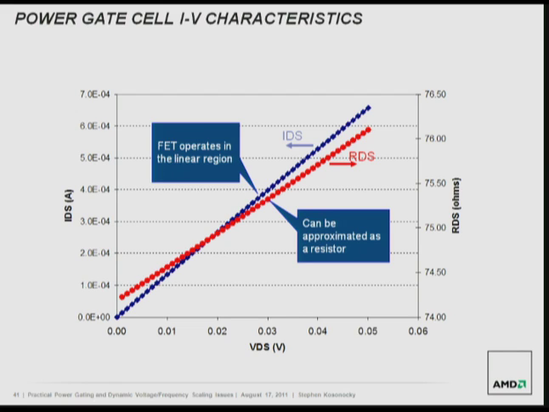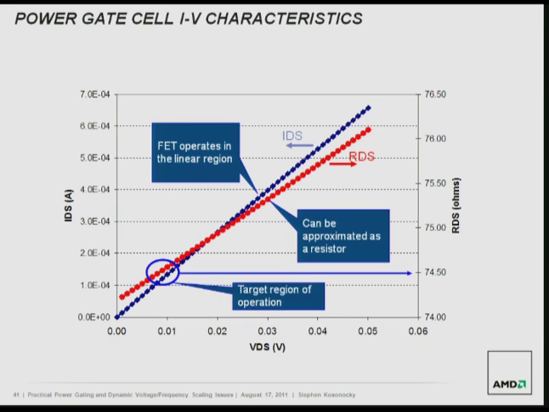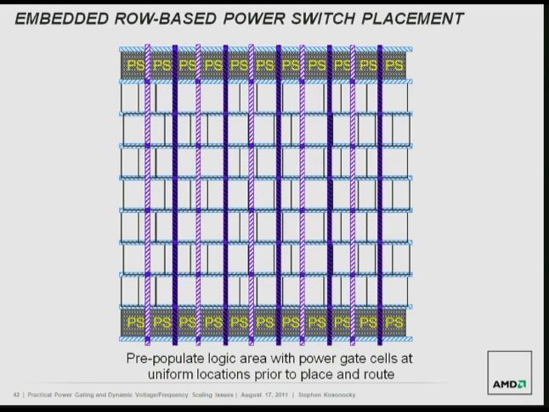So you could basically use a resistance model in determining what the drop is across that FET, and then add it to your supply in simulations. And so for a target operation of, let's say, 11 millivolts, we're right down along there, where that's the drop level we expect for a lot of our power gate designs.